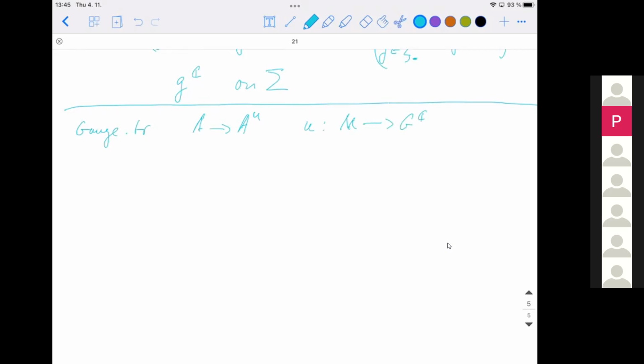So that means that it's equivalent to transform G hat in terms of this. You can just write some U in there. And here this transform, it's invariant. Okay. But this U should be compatible with the boundary conditions.